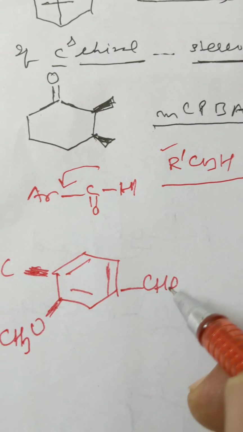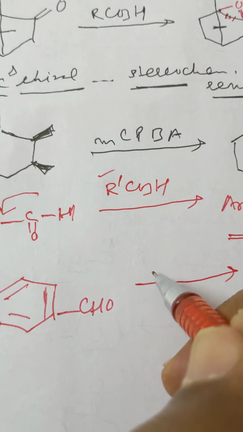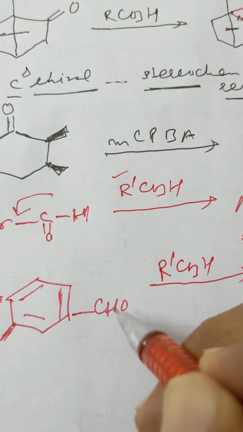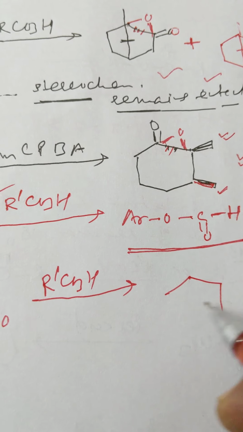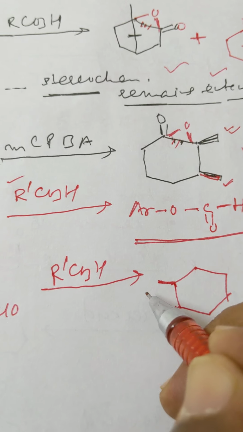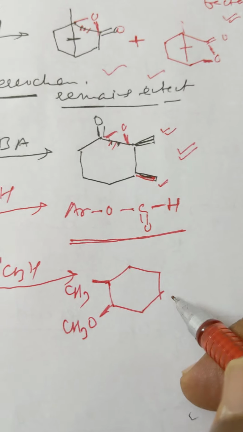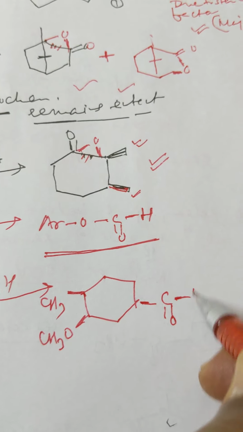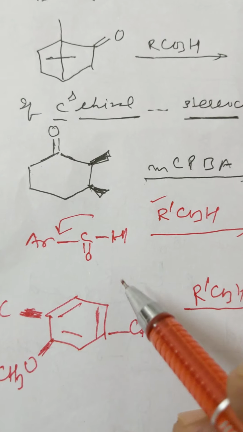In this case, the migratory aptitude of hydrogen will be more here, and oxygen will be introduced here, and hence the answer will be this group as such, this group as such, methyl, this is methoxy, and then here you will get C double bond O OH. That is, aldehydes can be converted.